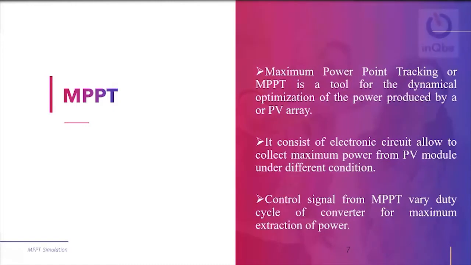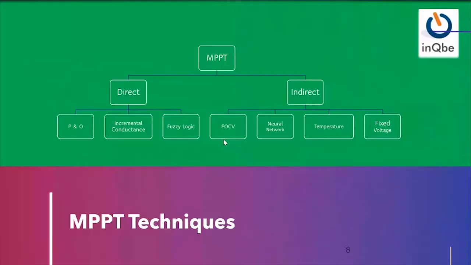We'll discuss more about MPPT tracking methods. After that, we'll simulate it. There are different types of MPPT techniques. Basically, they can be classified into two: direct and indirect MPPT.